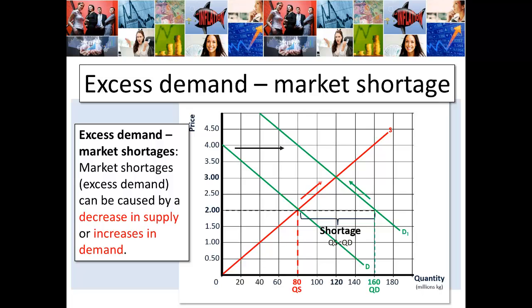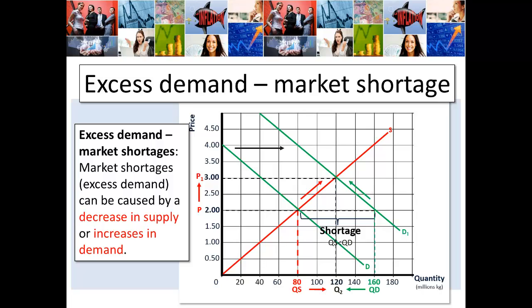Market forces again come into play. So there's a shortage in the market, and if there's a shortage in the market, then there are consumers who are willing to pay a little bit extra to make sure that they secure the good for their own consumption.